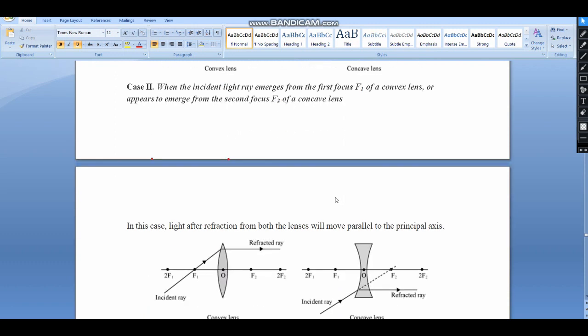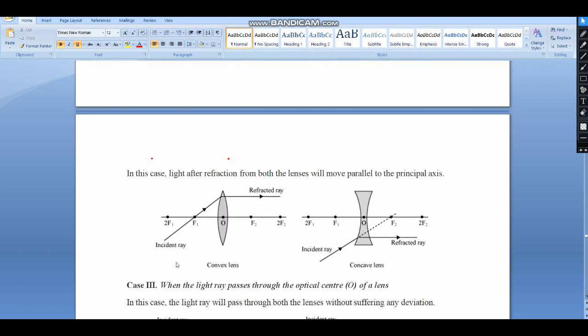Next is just opposite to this rule. When a light ray passes through F1, the first focus, after refraction from a convex lens it becomes parallel to the principal axis. In the case of a concave lens, a light ray strikes the lens obliquely, and after refraction it becomes parallel, and it appears to meet at focus F2.